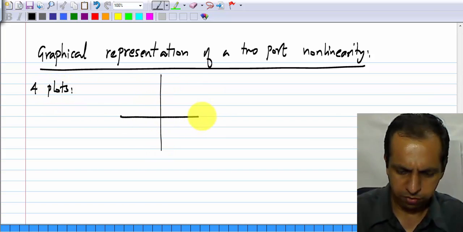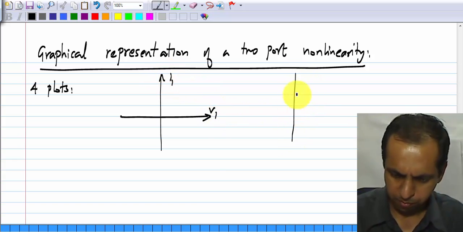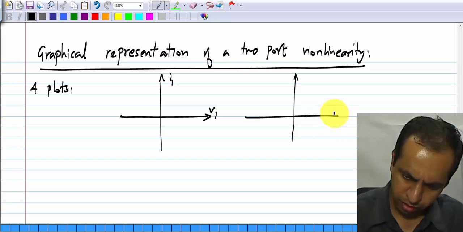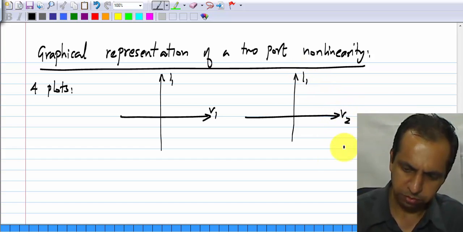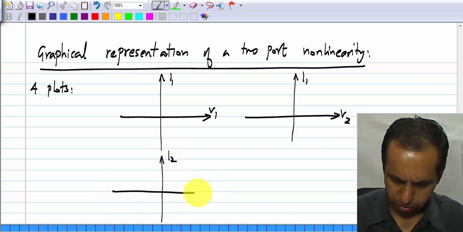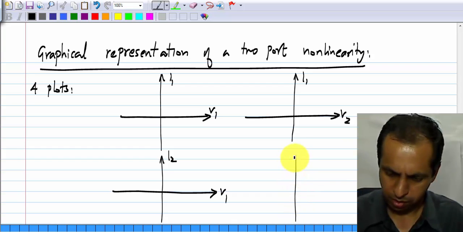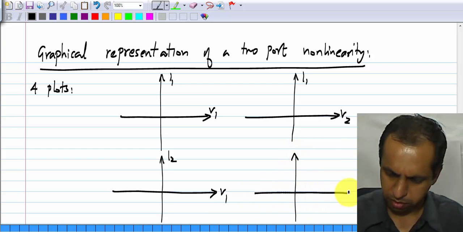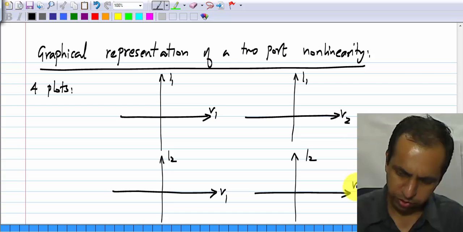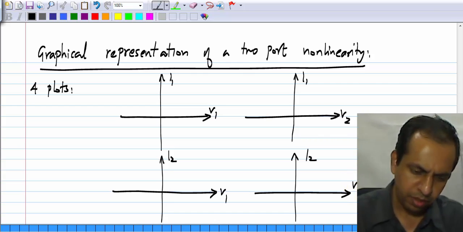So, we will have I1 versus V1, I1 versus V2, I2 versus V1, and I2 versus V2. And they could be anything.